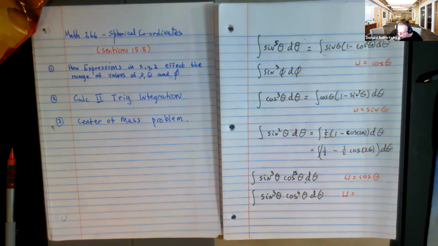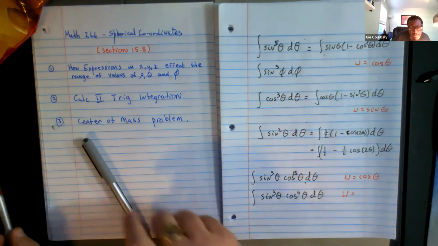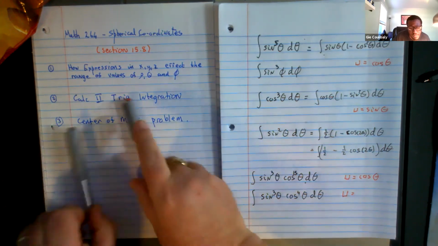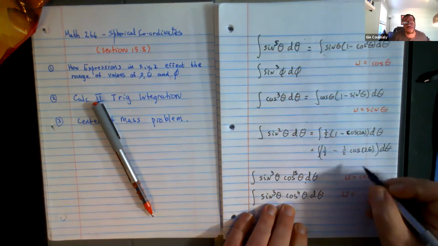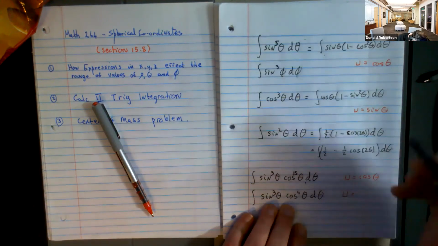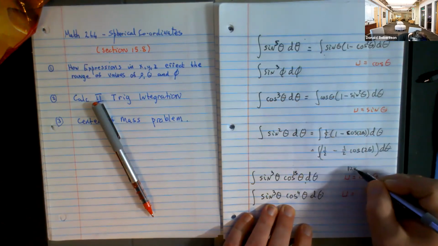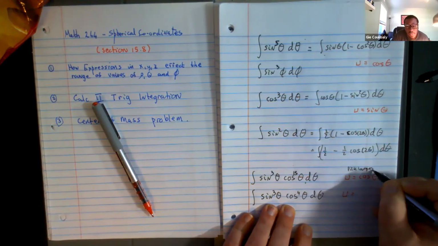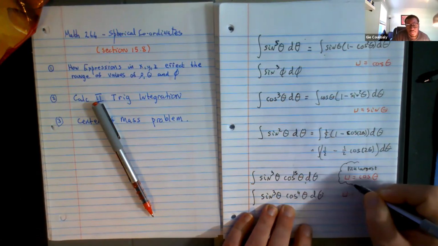Sine. Turn the sine power three into sine squared and one. Oh, so you're using a technique like up here? Is that what you're thinking? Yes, that one. Right, try and think it through and see what happens if you did that.